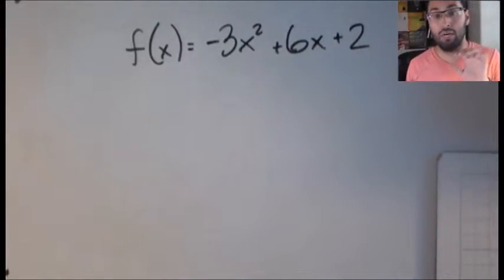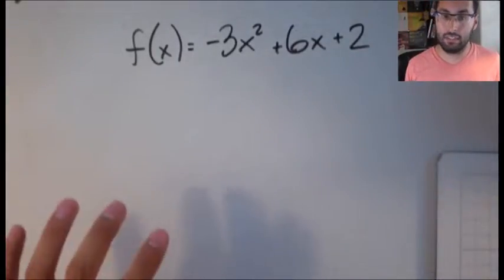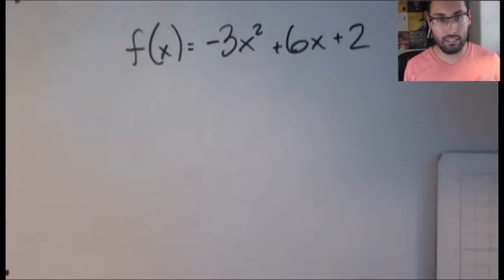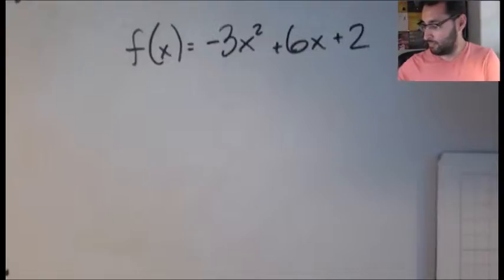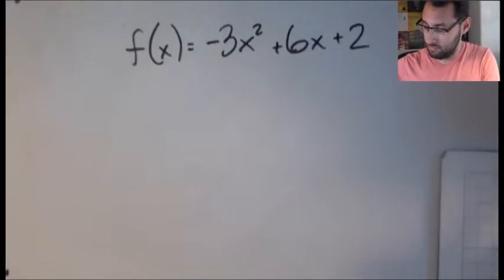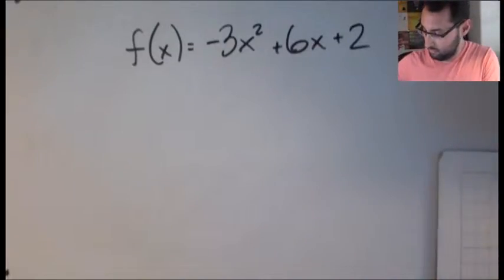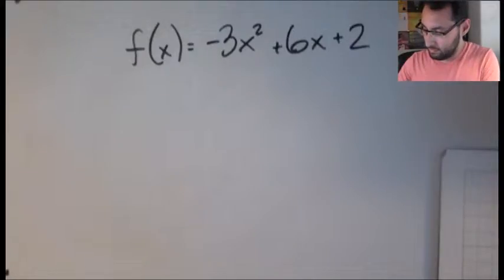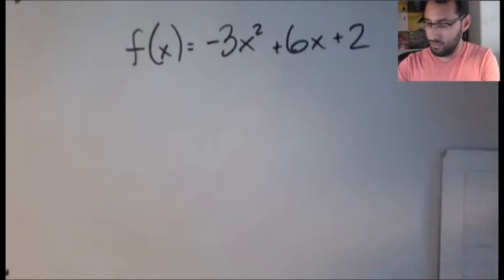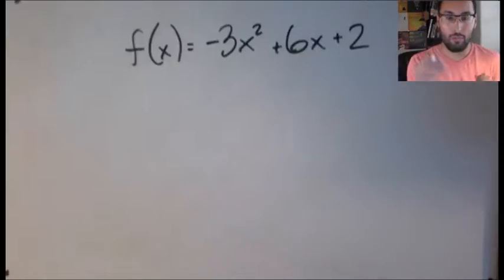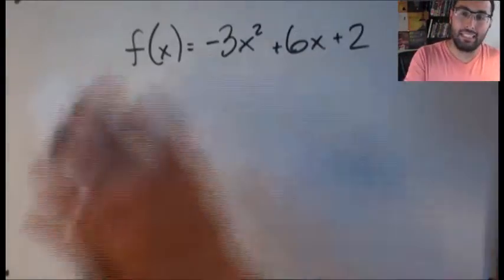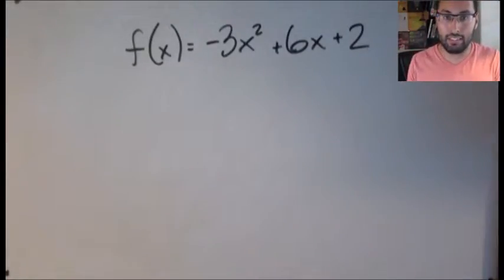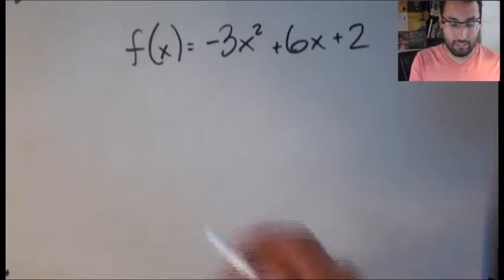Go ahead and pause it now, identify your a, b, and c values, find the vertex, and then graph. Alright, hopefully you unpaused it. We're going to start by finding the a, b, and c values for this.